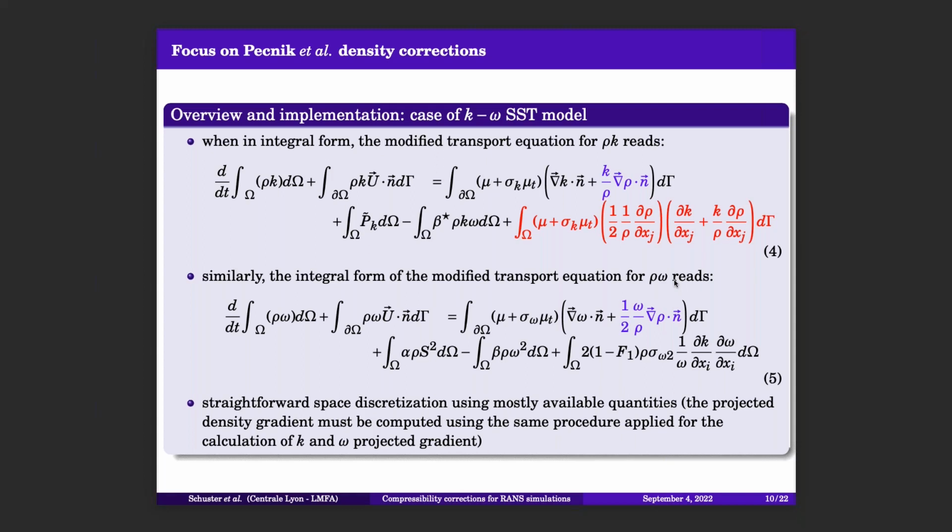So it's a straightforward space discretization. It's quite easy to implement in SU2. It uses mostly available quantities. Of course, you have new terms to compute, in particular the projected density gradient, grad rho, which must be computed, but you just need to apply the same procedure as the one used for computing the projected gradient of k and omega. Next slide, please.